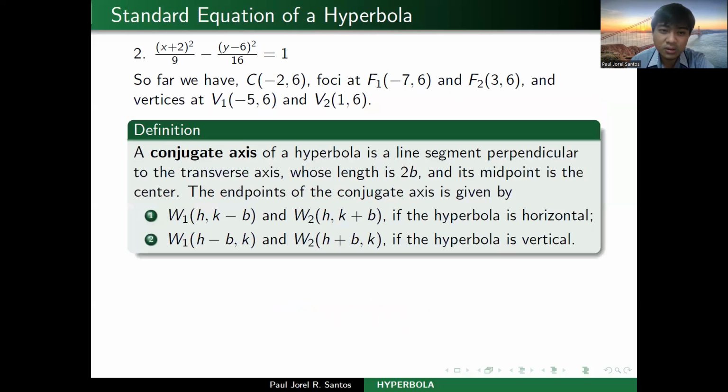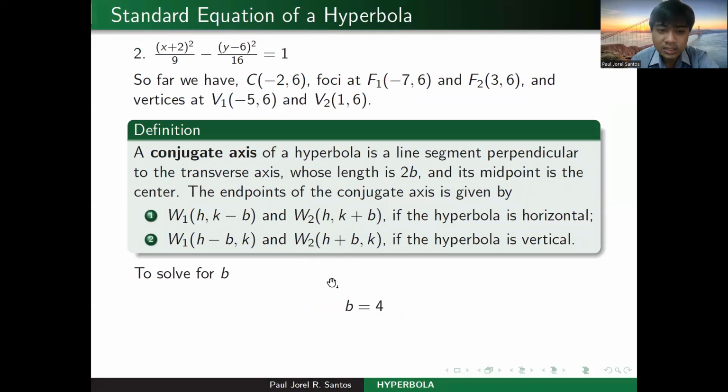For our conjugate axis, let us determine the endpoints of the conjugate axis. Since the hyperbola is horizontal, we will be using the first formula. But we need to solve for the value of b. How are we going to solve for b? b squared is equal to 16 because 16 is the second denominator, hence b is equal to 4.